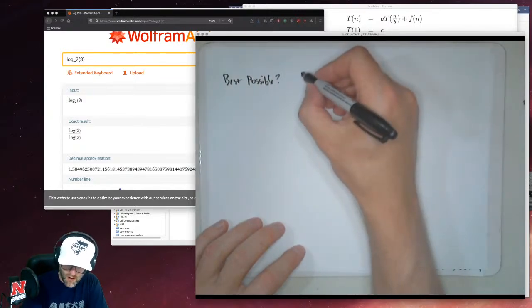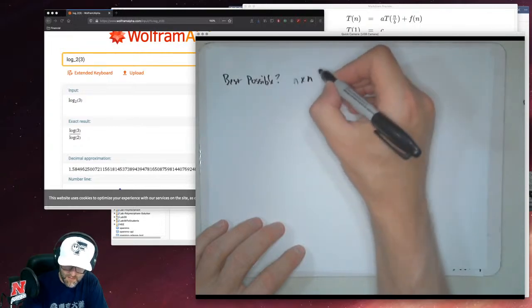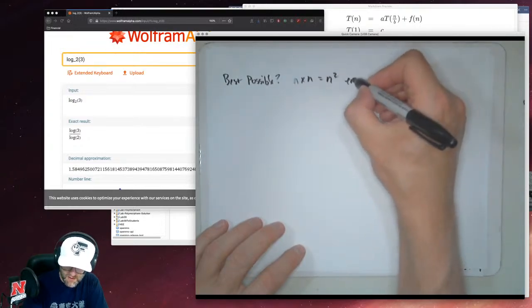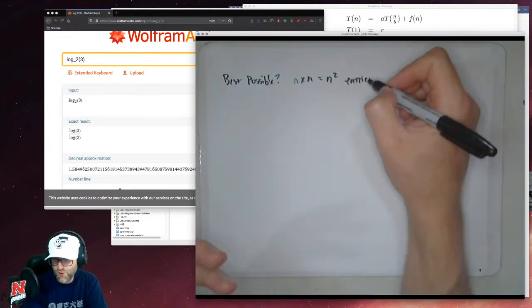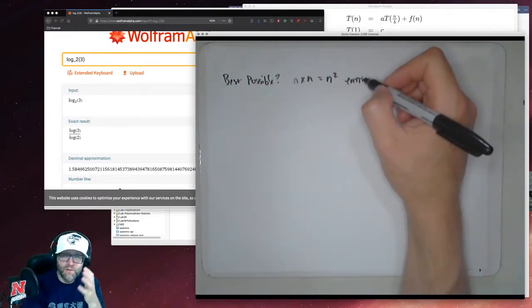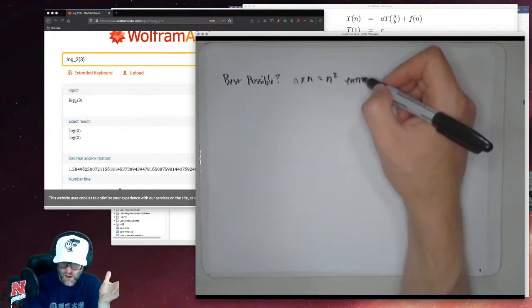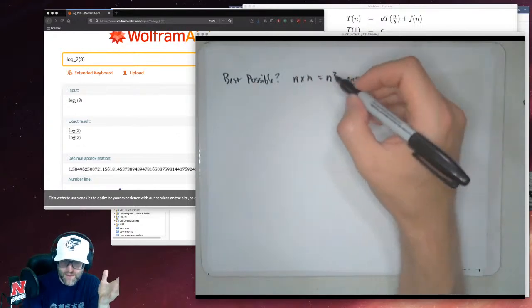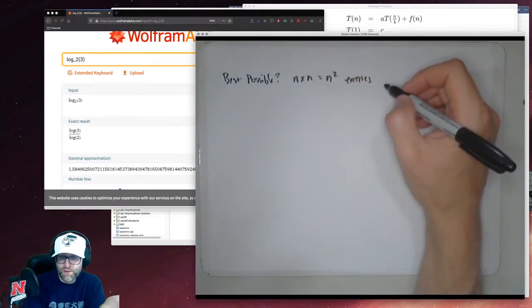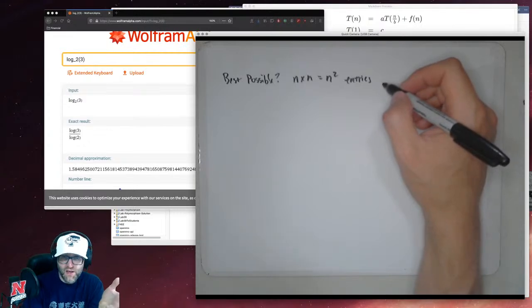Well, if there are n times n, so n squared entries, you have to look at them all. Now, there are instances where you can do better, like sparse matrices where there are lots of zeros, or other certain types of matrices that are specific to a problem, and then you can get away with faster multiplication because you know that there's some symbolic solution or something like that.